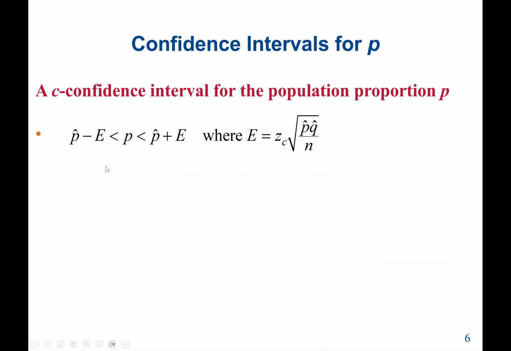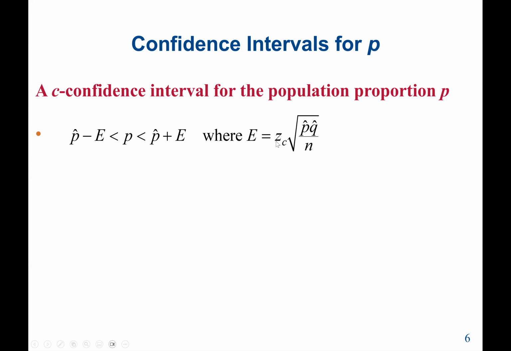So here, to find the point estimate, it means we are looking for an exact value of P. But now we want to look for the interval. So the interval will use the error, or the E, the P hat minus the E, and also the P hat plus E. So the interval will be between those two values.